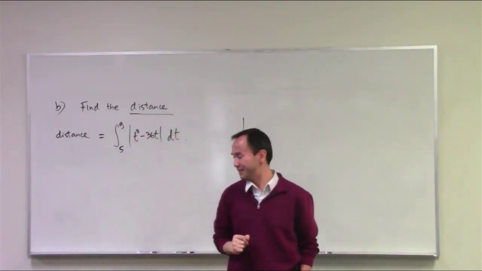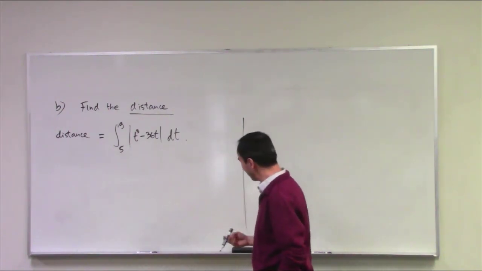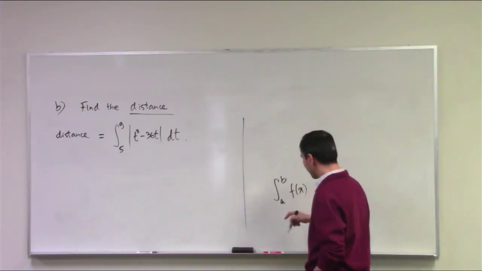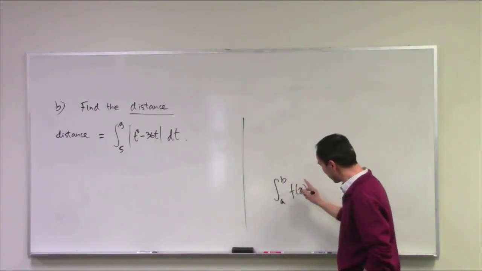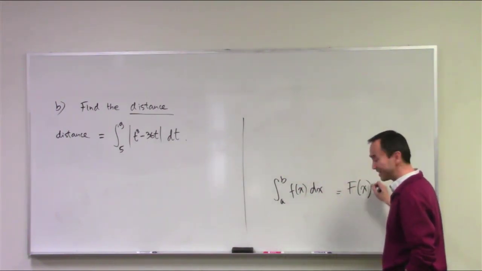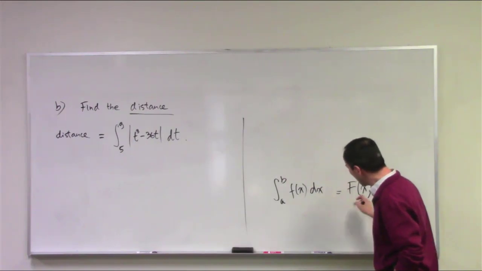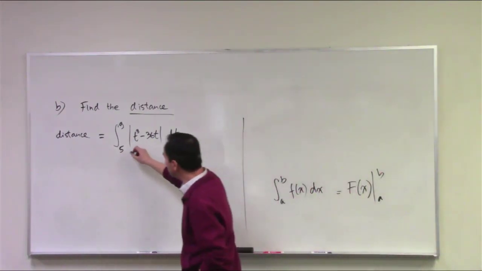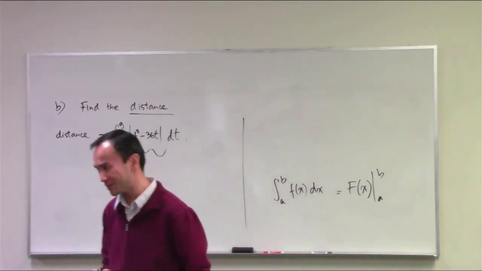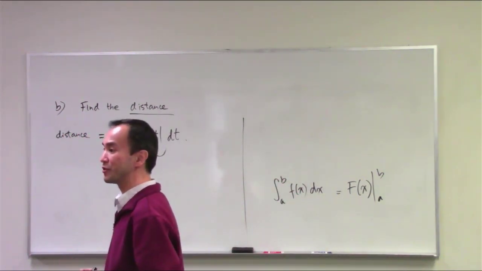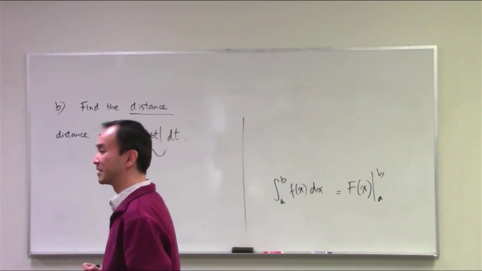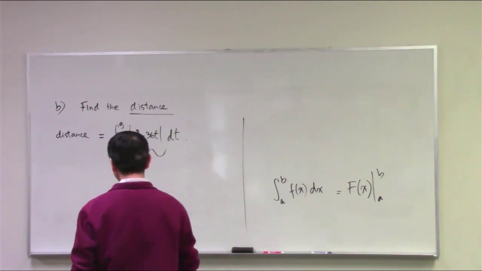The fundamental theorem of calculus says that anytime you find a definite integral, the first thing you do is get the antiderivative, and then substitute in. But how do we get an antiderivative out of an absolute value function? We haven't learned how to do so, and that's the reason why we've got to play some trick.